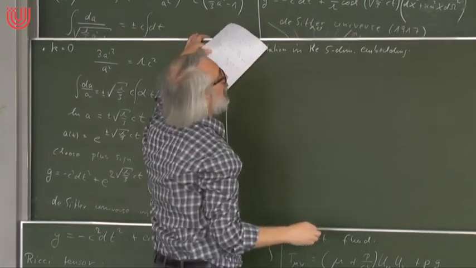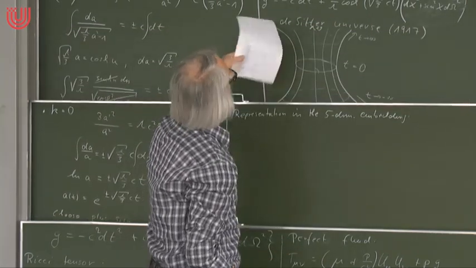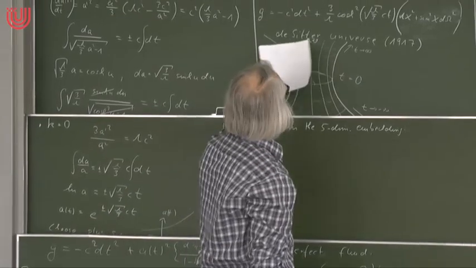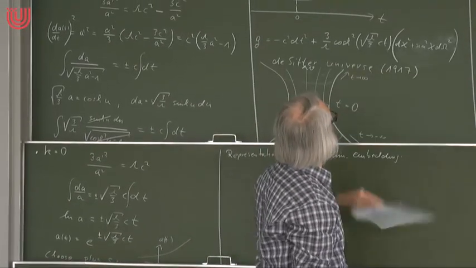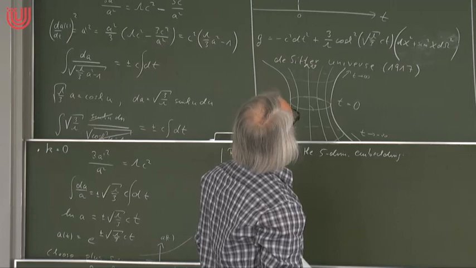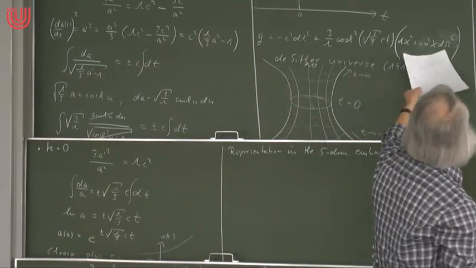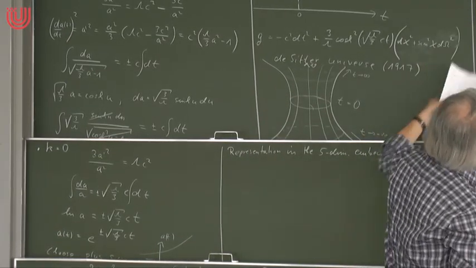For the old representation, with this t, which is a different t than this here, and this positively curved spatial part, I've written the relation here.